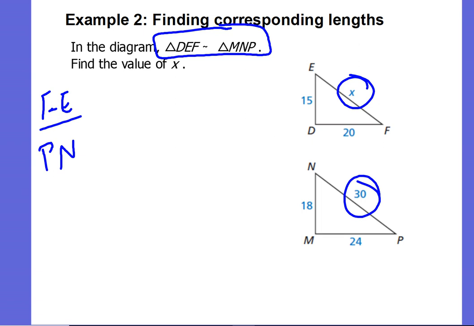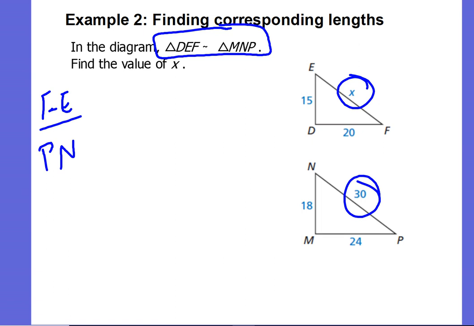That's what we know. So let's think about what else we know about this particular diagram. Well, we also know that any of the other pairs of corresponding sides should equal the same scale factor. So if that's the case, it allows us to make that proportion and set it up.